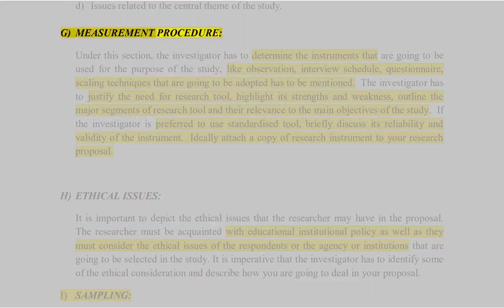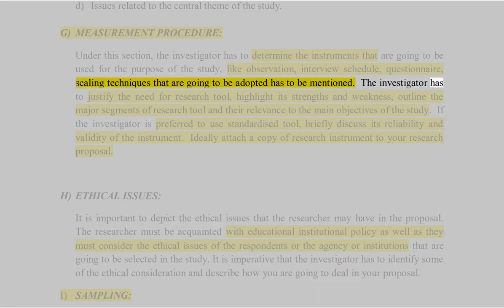G. Measurement procedure. Under this section, the investigator has to determine the instruments that are going to be used for the purpose of the study. Observation, interview schedule, questionnaire, scaling techniques that are going to be adopted have to be mentioned.